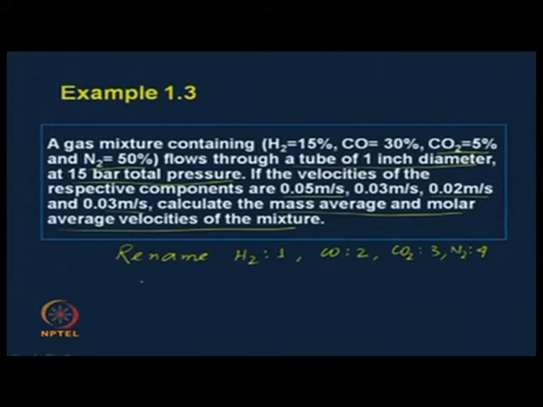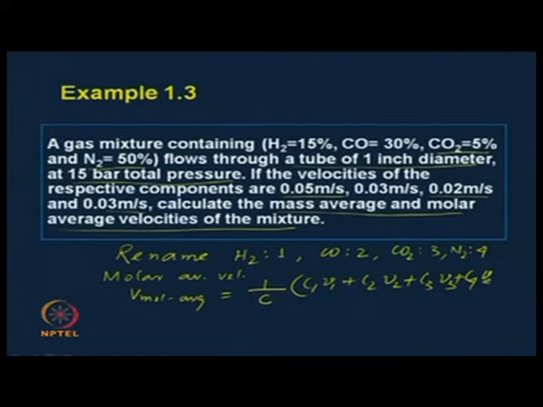So, we can write the molar average velocity, that is V mole average. From the definition, it is 1 by C summation over i. We can just expand the summation like C1 V1 plus C2 V2 plus C3 V3 plus C4 V4.